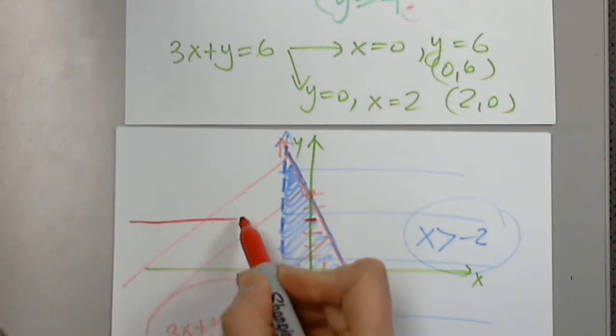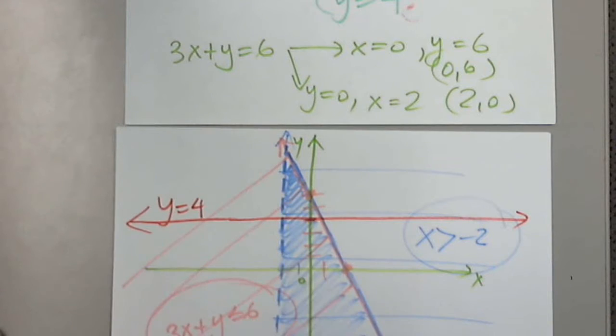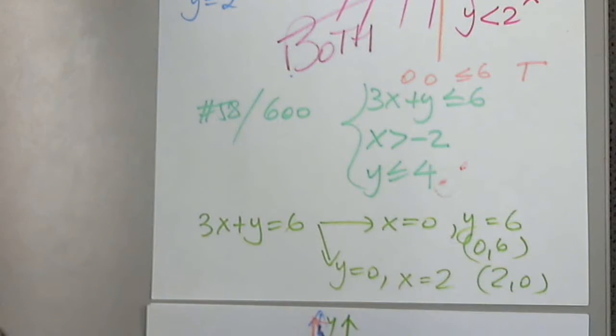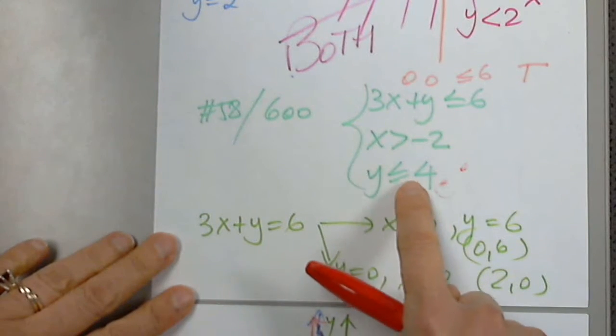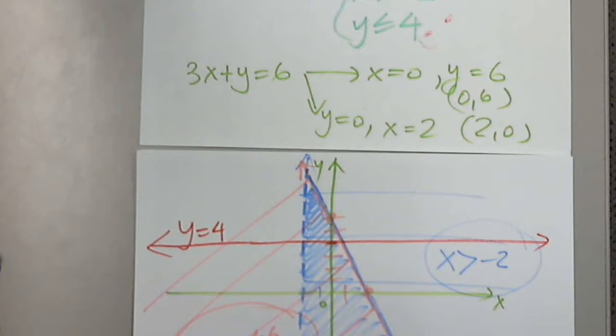So then I have y equals 4. We go up or down. I don't need points for one line that does not have more than one variable. So y equals 4. y less than or equal to 4. Do we go above or do we go below? Awesome.